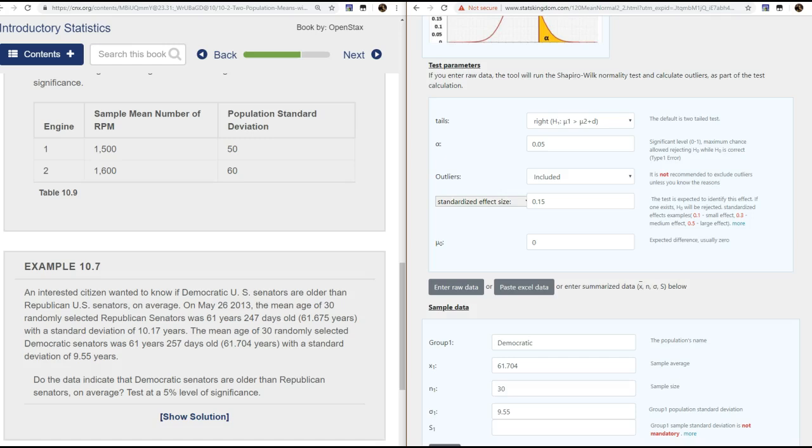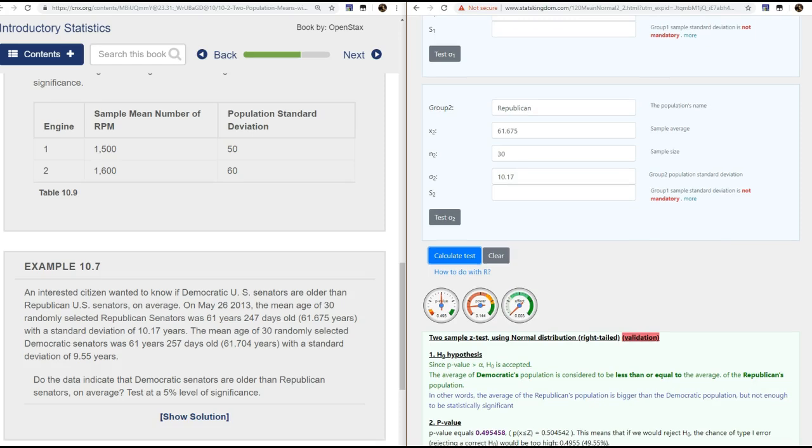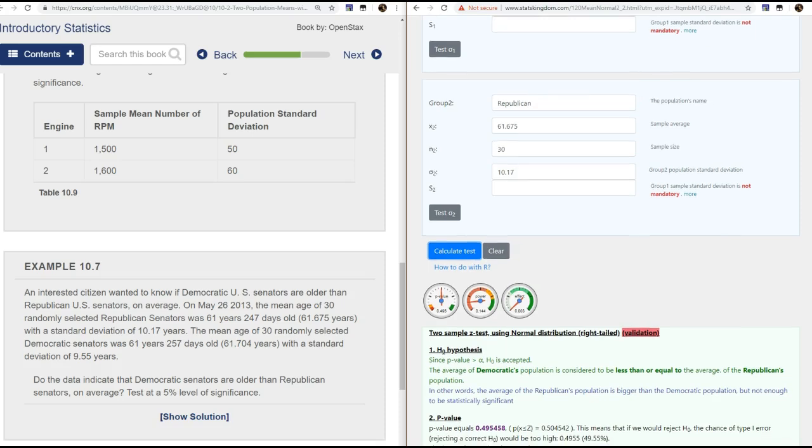But we're accepting the other thing that we tested, which is H0. And therefore, our claim is bad. H0 is good, where they're less than or equal to, and our claim is bad. We do not have enough evidence to conclude that the mean age of Democratic senators is greater than the mean age of Republican senators. So that's it.